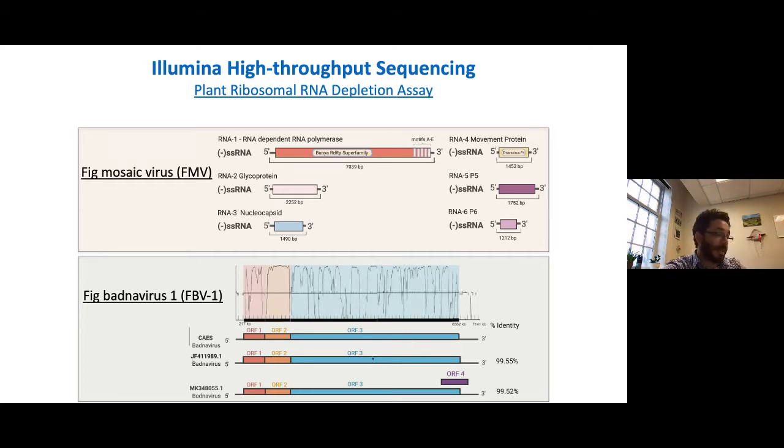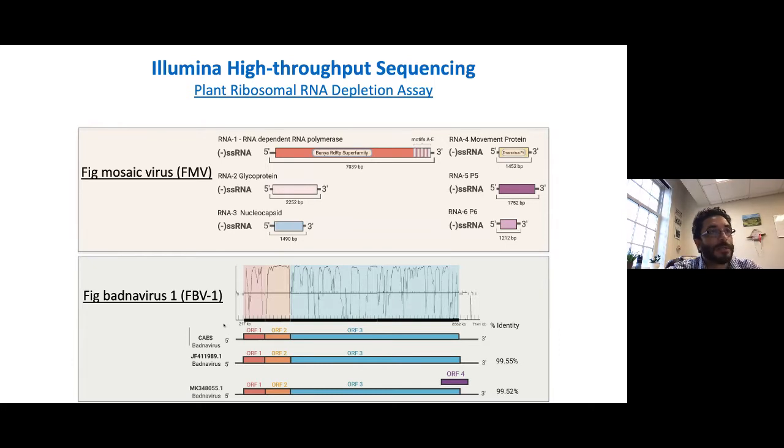And then we went through the literature. It's not really well defined. The only virus that they were able to partially fulfill Koch's postulates with is FMV, or fig mosaic virus. And the other viruses, they say, are associated with this disease. I think we have 11 viruses and 3 viroids associated with this disease.